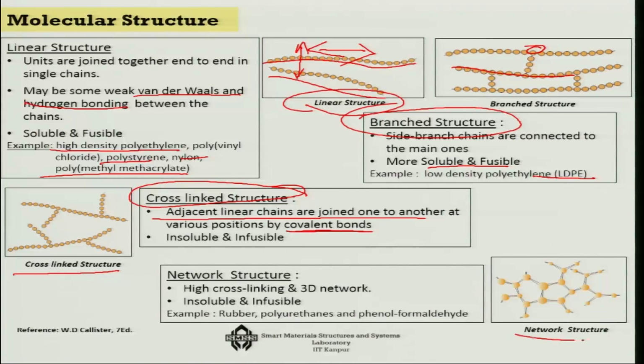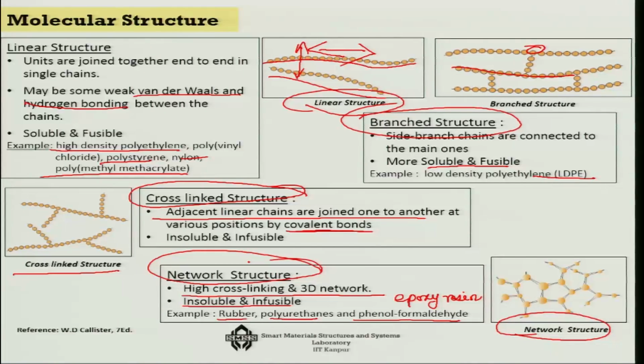If this degree of cross-linking increases so much that they form a network structure with high cross-linking and a 3D network, then that is the extreme form of cross-linking, and this will become insoluble and infusible, like rubber, polyurethane, phenol formaldehyde, or what we normally call epoxy resins. So that is the ultimate example of network structure.